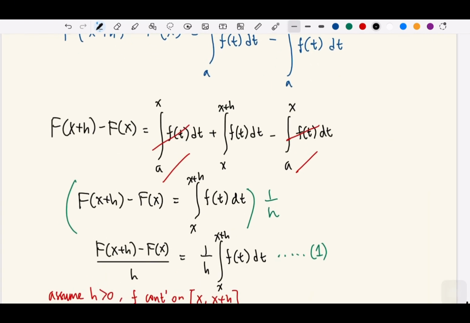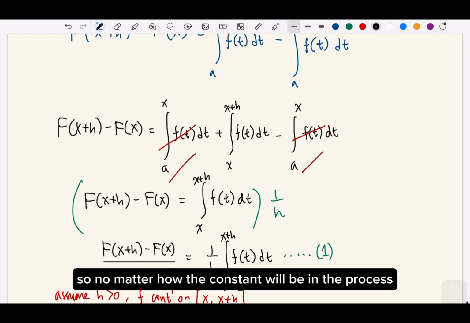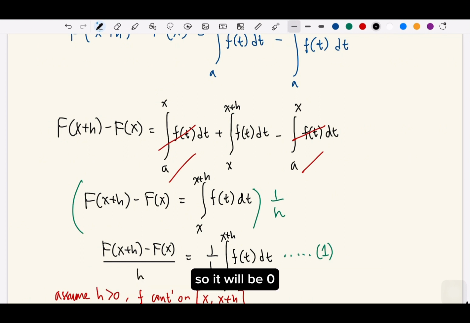Okay, here. So no matter what the constant is, in the process it will be cancelled. So it will be 0. Any constant will not matter.